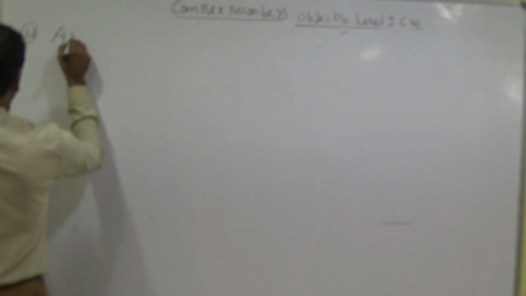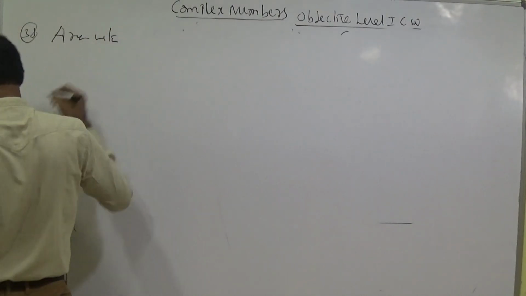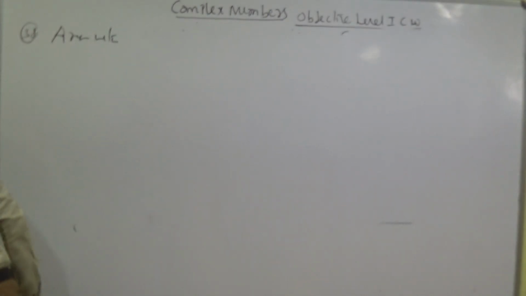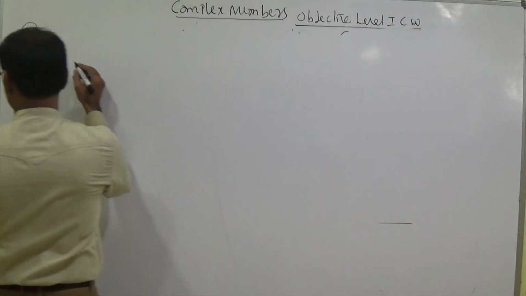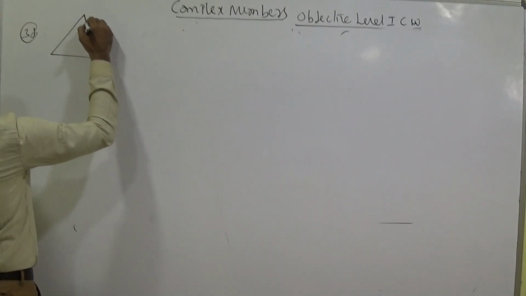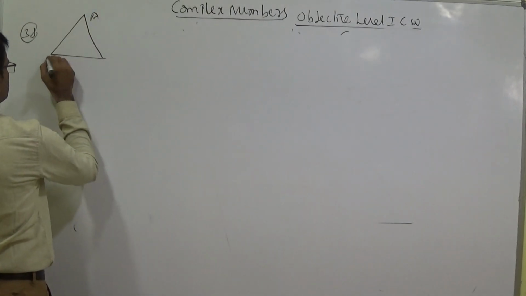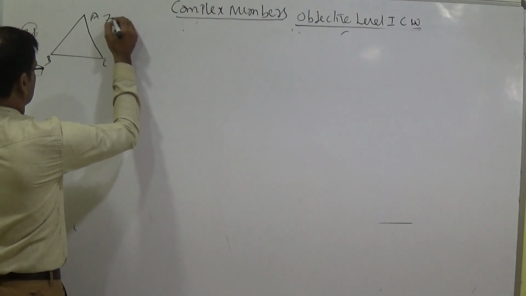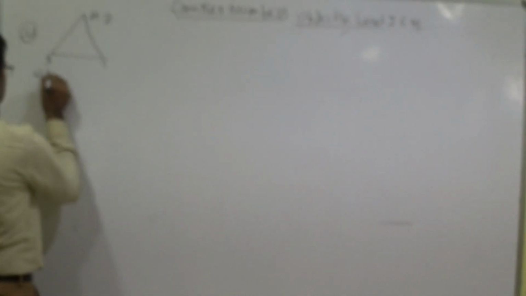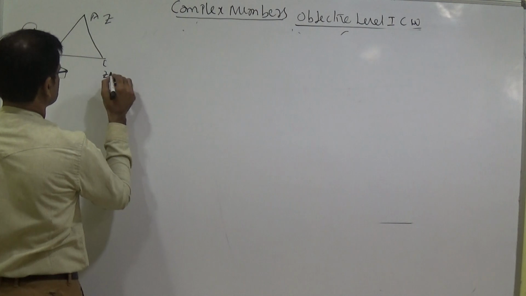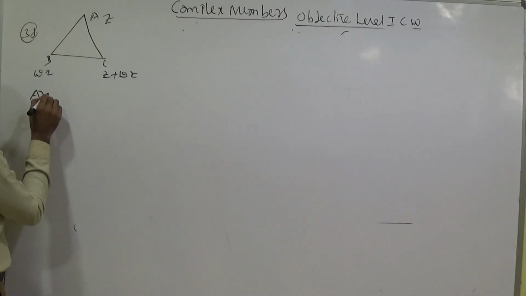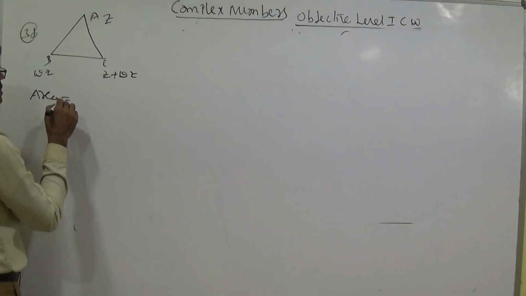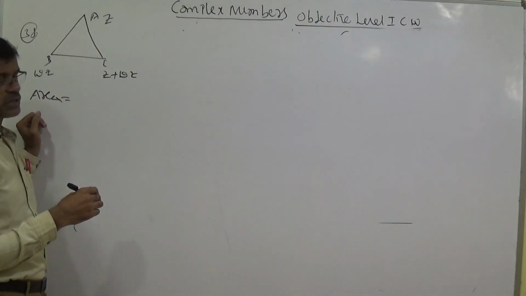Draw a diagram like this. Put A, put B, put C. This is z, so it is a complex number. This is omega z and this is z plus omega z.